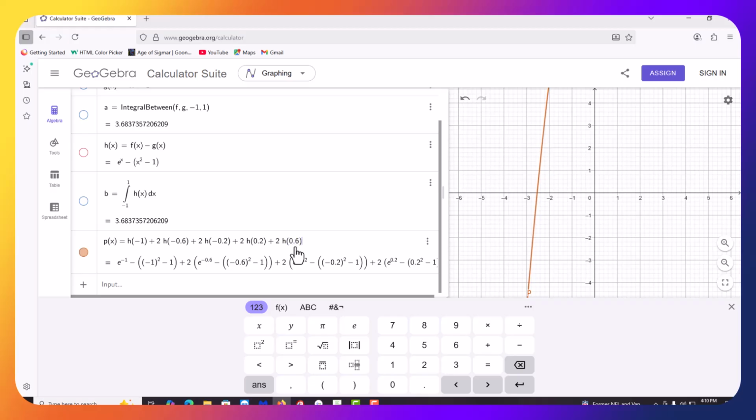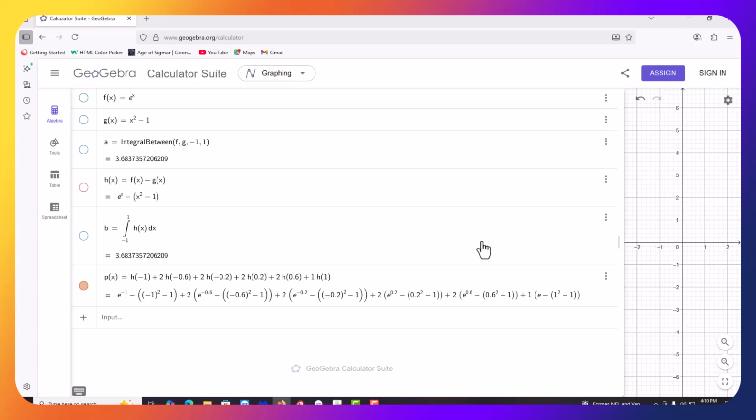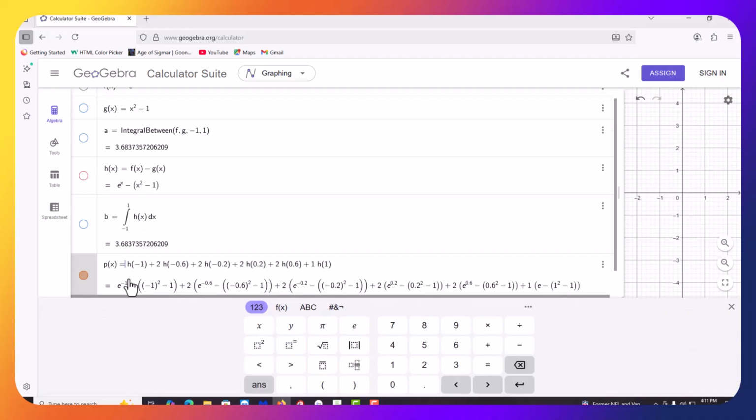And then finally, we're going to add 1 times h of 1. And I'm going to hit enter and see what happens. Okay, let's see here. Let's make sure. H of x is f. Okay. Whoa.